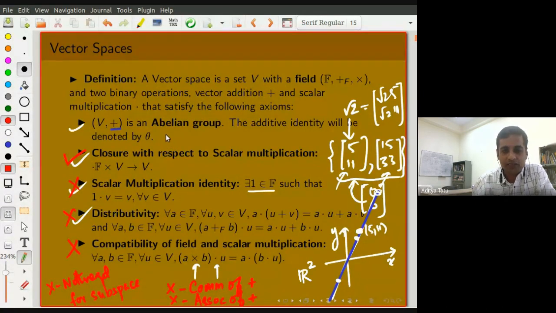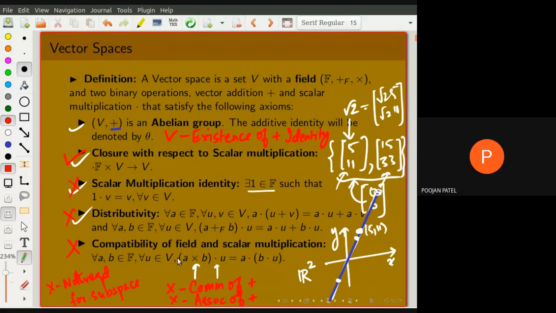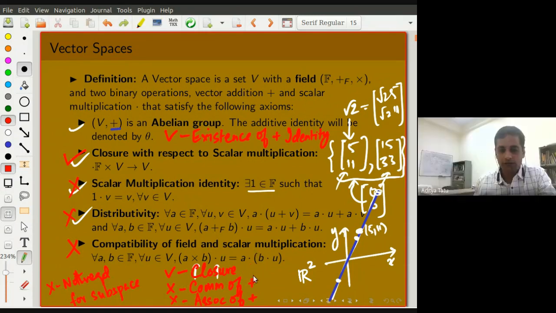So maybe I'll write it over here. What more? Closure? Yes, we have to check. And the existence of inverse also. Good.